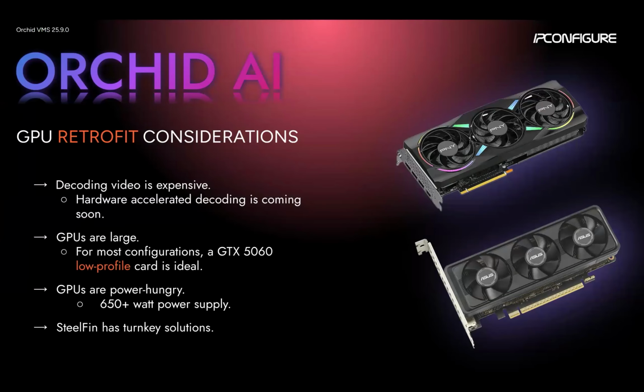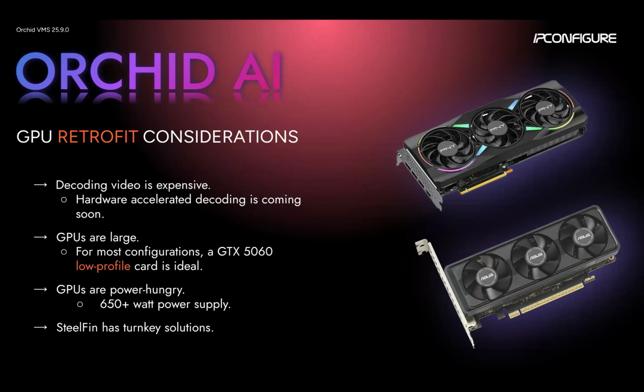All right, so if you do want to add a GPU to an existing NVR, there are a couple of important things that folks have to keep in mind. The biggest consideration for your average hardware NVR is that GPUs are physically large. So in our SteelFin line, we have SteelFin AI servers available for folks interested in upgrading their NVR.